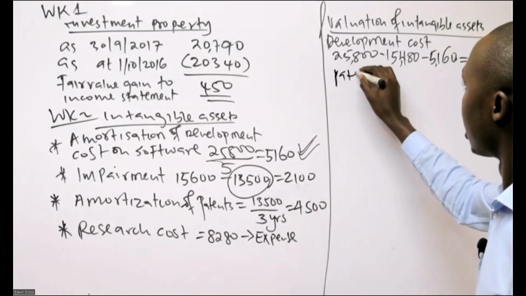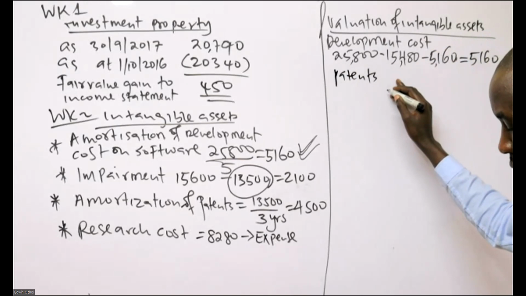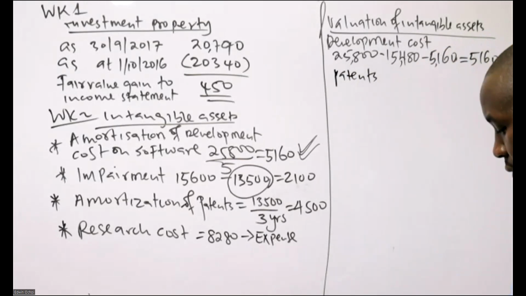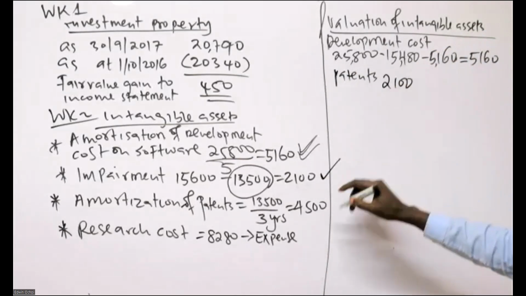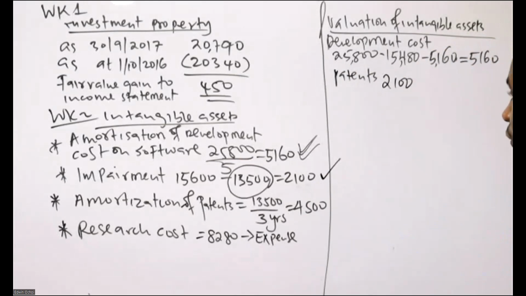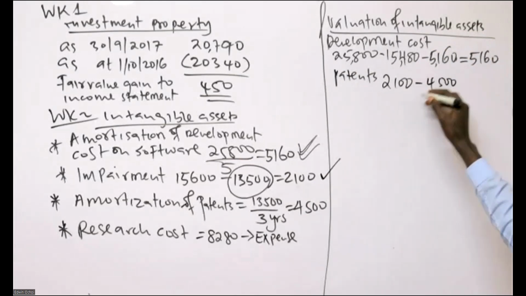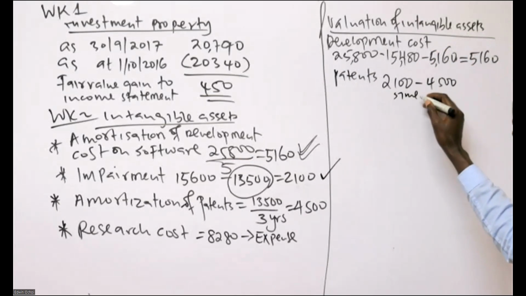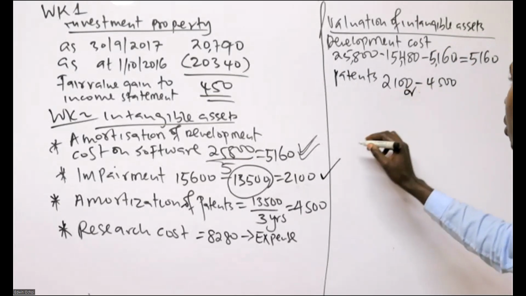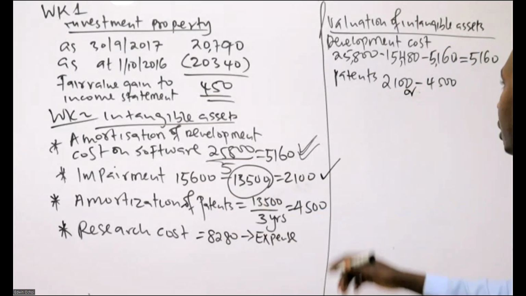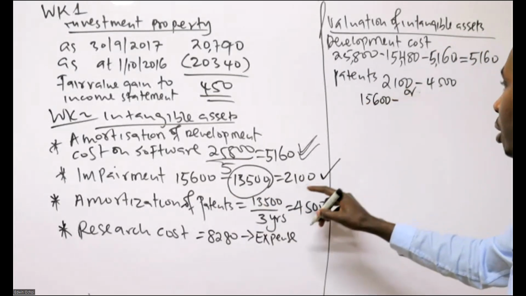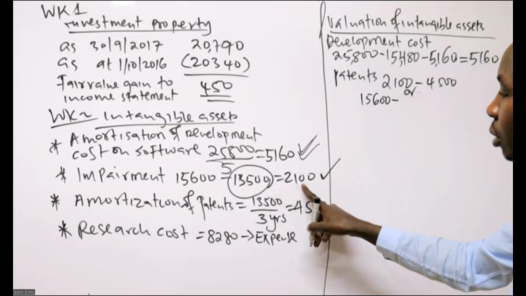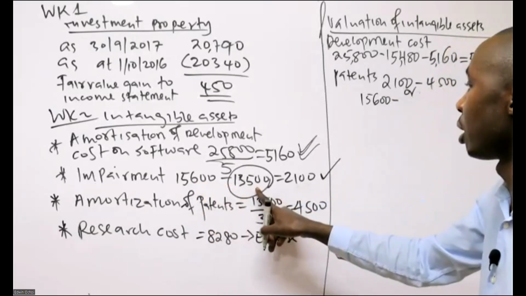For patents, after reducing, 2100 minus 45 is the same as saying, or you could have taken the 15,600 minus the 2100, because it was impaired from 15,600 to 13,500.